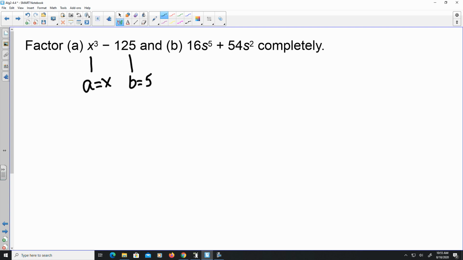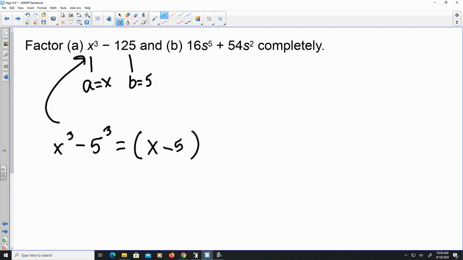So using the formula, in this case the difference, it's going to be x cubed minus 5 cubed, and that is going to equal, in parentheses, a minus b, so x minus 5, times the quantity of a squared, which is x squared in this case, plus a times b, which is 5x, plus b squared, which is 25.